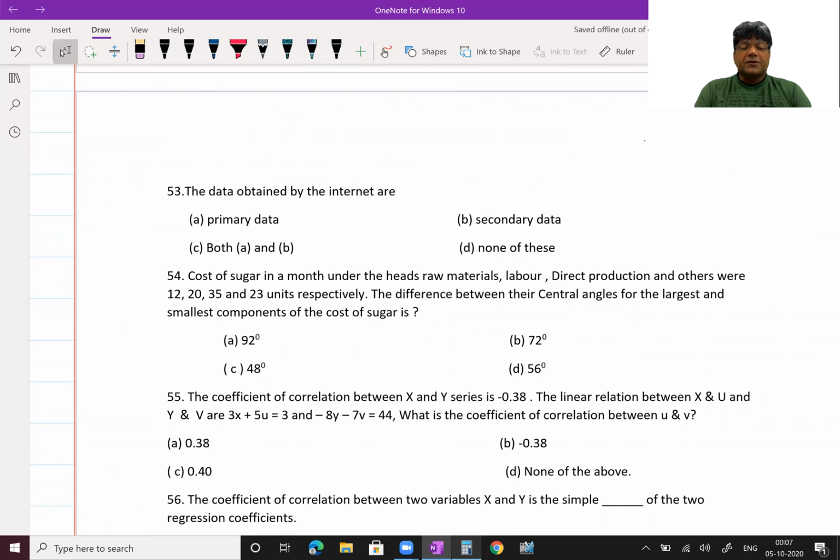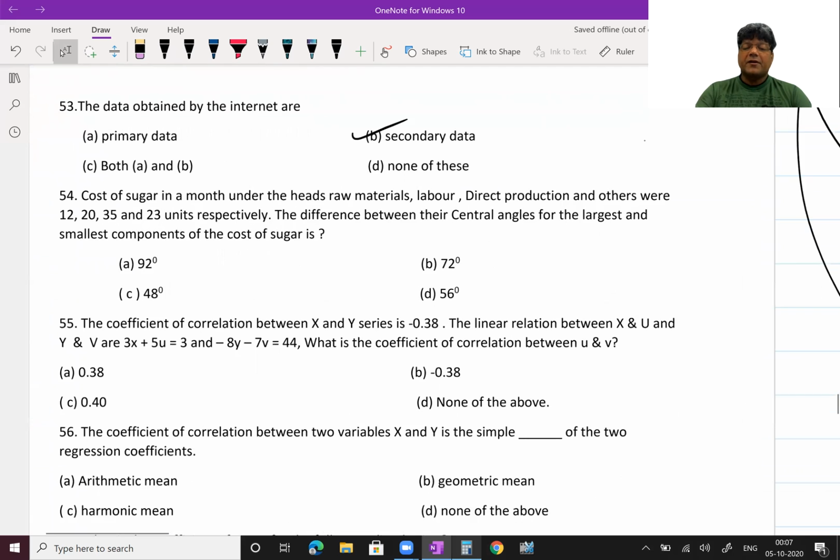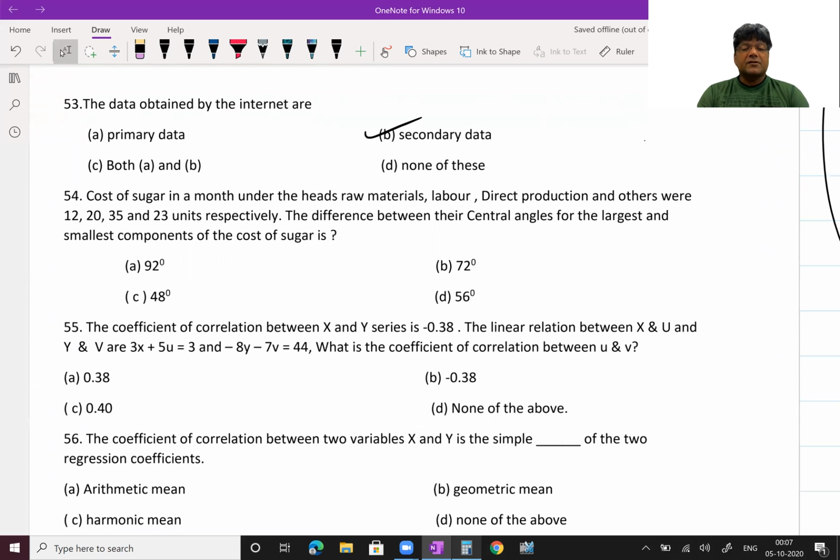Question number 53: data obtained from the internet is secondary data, guys. Somebody has done the survey, and you are obtaining that from the internet, so it is secondary for you. Cost of sugar in a month under the heads raw material, labor, direct production, and others: find the difference between the central angles for the largest and smallest. Central angle means a pie chart, so you have to convert these values to angles.